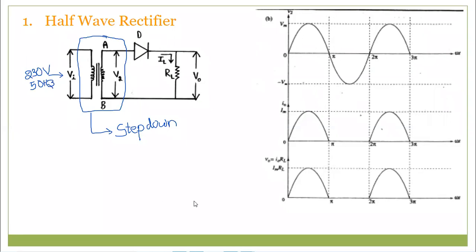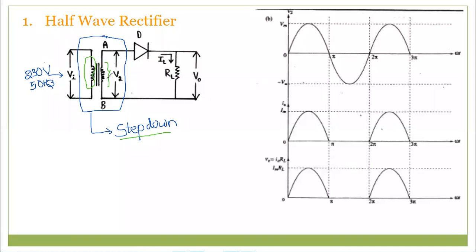This side we call the primary winding, and this side we call the secondary of the transformer. In the step down transformer, the voltage will be reduced. The voltage reduction is based on the number of turns in the primary side and secondary side of the transformer.